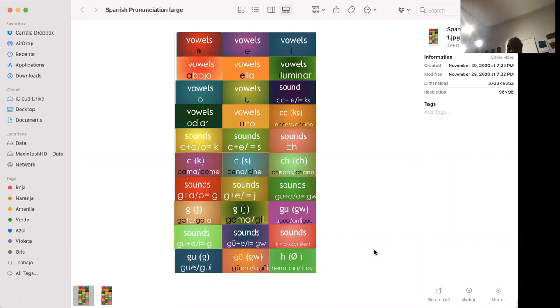A, E, then go down one more step, O, U. A, E, O, U. Now, if you notice under the A, I have the word abajo. How do you pronounce the A in a word?